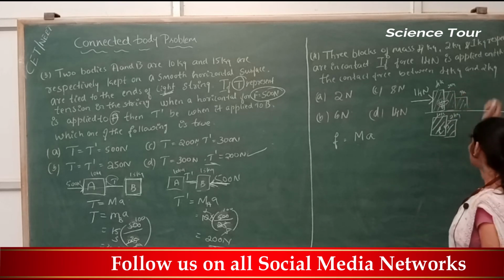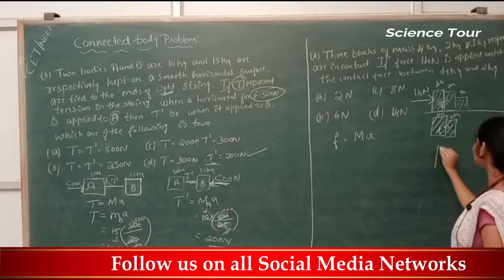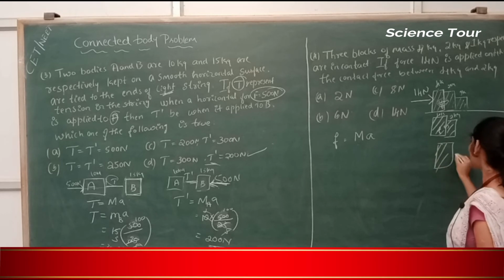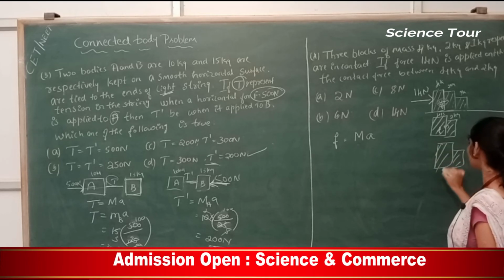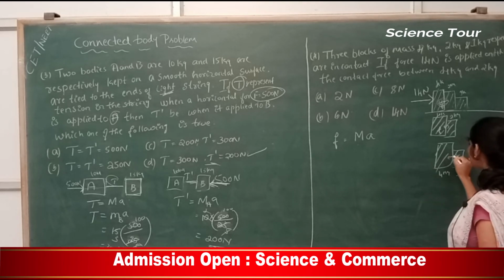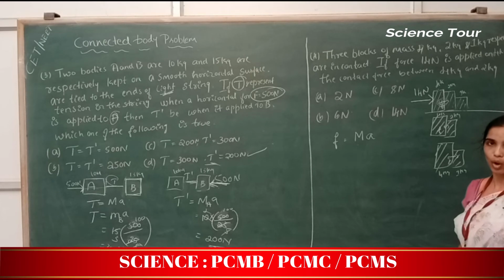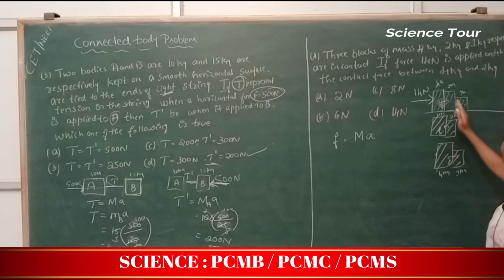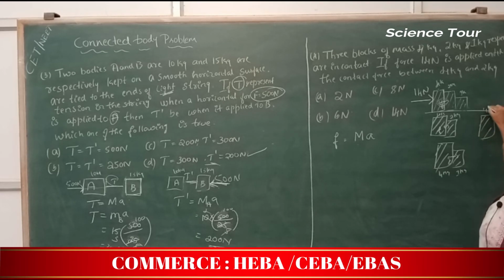If I remove the 2 kg, then it looks like 4 kg and 1 kg. Still there will be a contact force, correct? If both the 2 kg and the 1 kg are not there, then only 4 kg remains and there is no contact force.